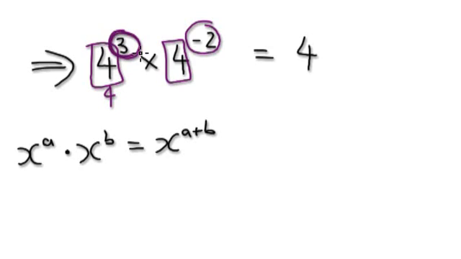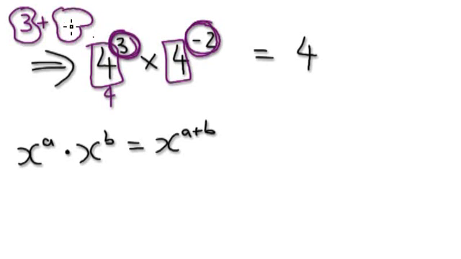Okay, now all you need to do is add the two indices together. So it will be 3 plus minus 2. Now, you can take the minus out here, because the minus is more powerful than the plus. Then it basically means 3 minus 2, which is 1. Okay. Now 4 to the power of 1 is just 4.